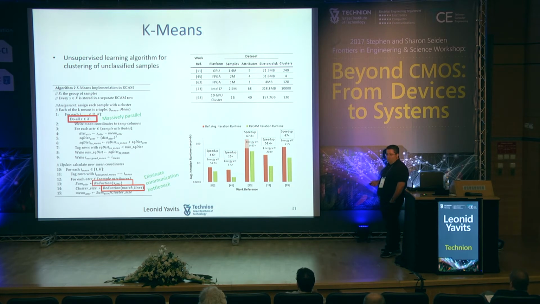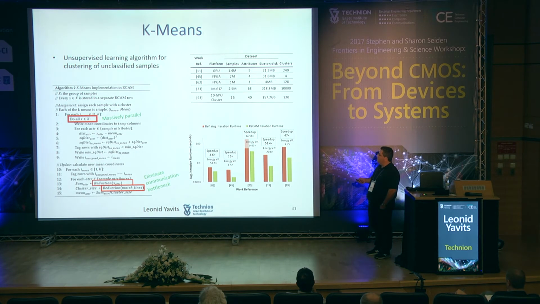Another algorithm which we have implemented is K-means, again, a popular machine learning algorithm used in unsupervised learning. The reason we're able to outperform GPU, CPU, and even hardware accelerators implemented in FPGA is in-data processing, meaning this algorithm is extremely memory bound, and we don't have this limitation.